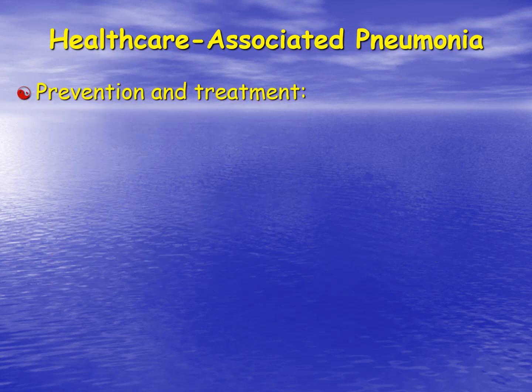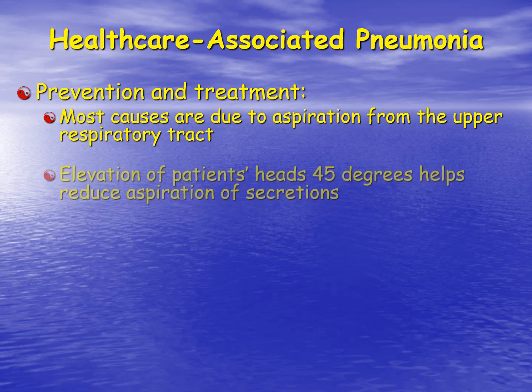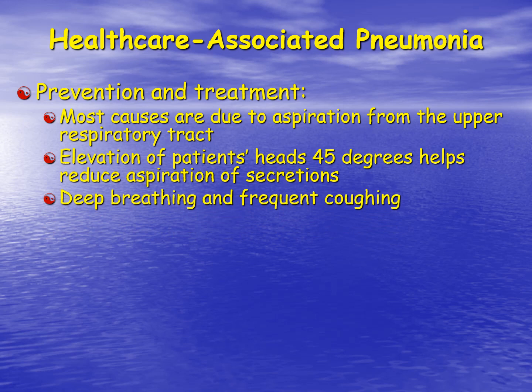So, how do we prevent these healthcare associated pneumonias? Well, most are caused due to aspiration from the upper respiratory tract down into the lungs. So elevating the patient's head 45 degrees helps to reduce the aspiration of the secretions in the higher tracheobronchial tree.